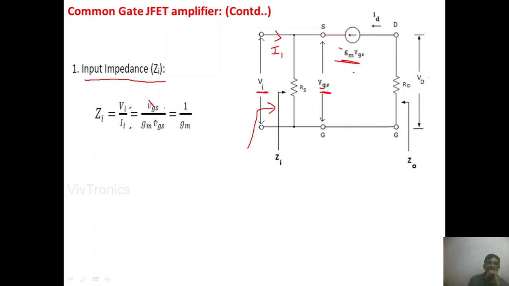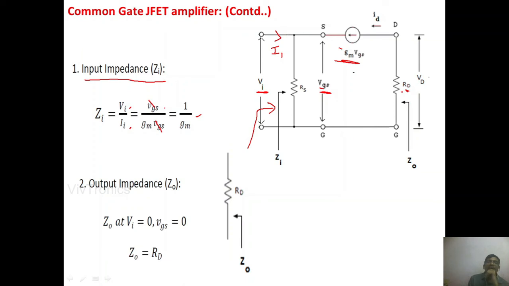So this VGS and VGS will get cancelled, and we will have 1 by GM, that is nothing but the input impedance of the common gate JFET amplifier, and the output impedance Z0 is equal to RD because from the output side we have only the resistance RD.